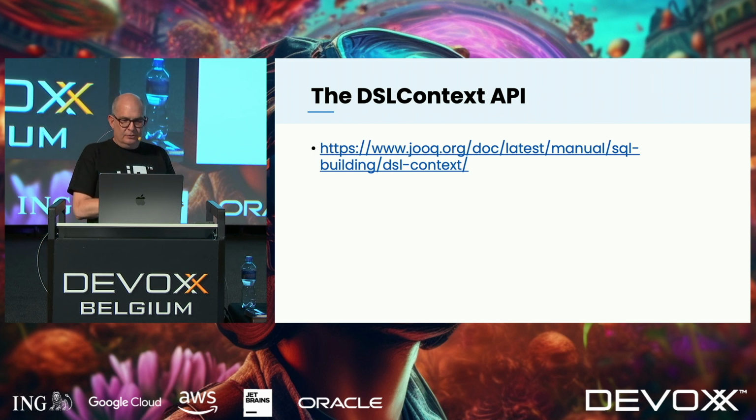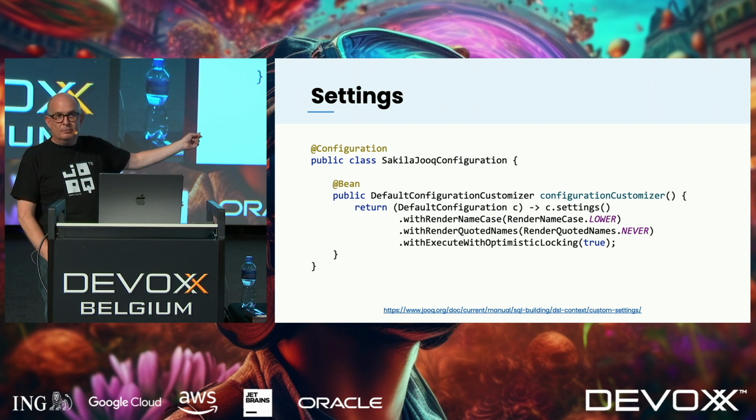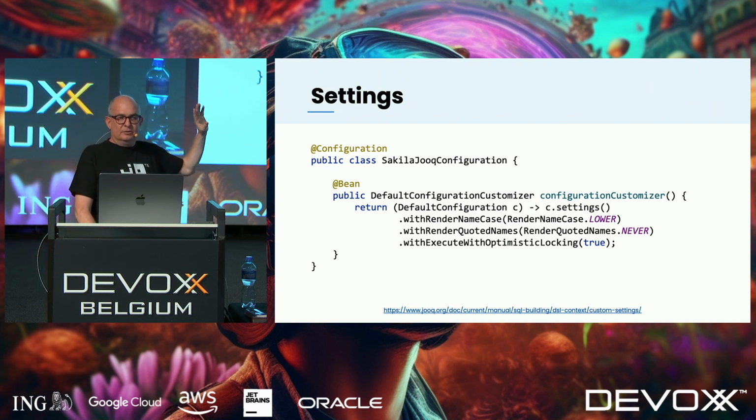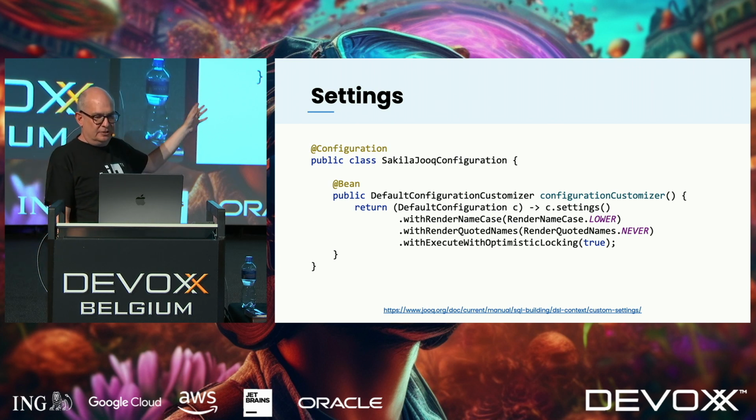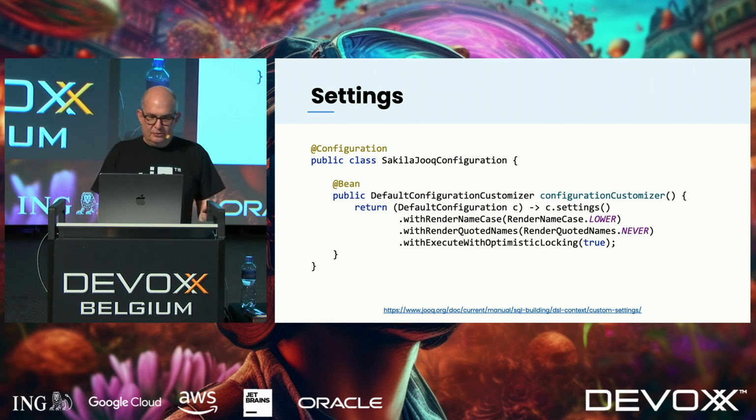Sometimes you want to configure that because you need some additional configuration. This one here is an example from Spring Boot, but for the Quarkus developers this looks very similar, just a bit different. With Spring Boot you will create a configuration class with a bean factory method, and this has the DefaultConfigurationCustomizer as a return value.